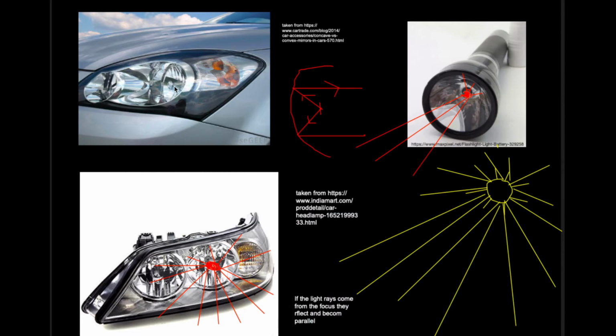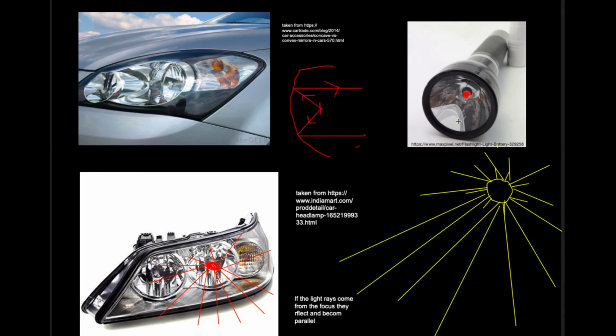So if we take this diagram again, let me erase everything. Now coming back to this, we know that this is the light source. Or else we can say that the light source is acting as the focus for this concave mirror, which is the back side or the side part.